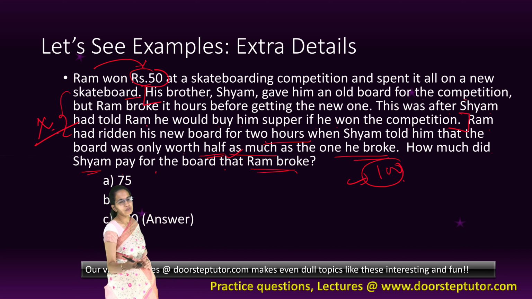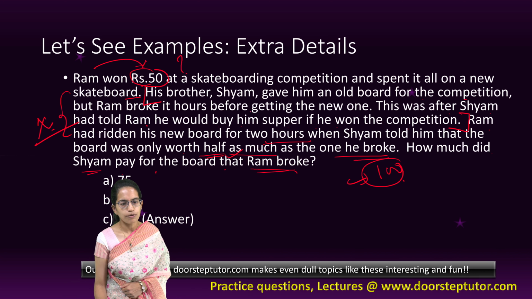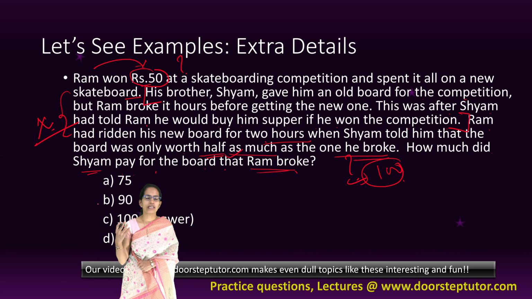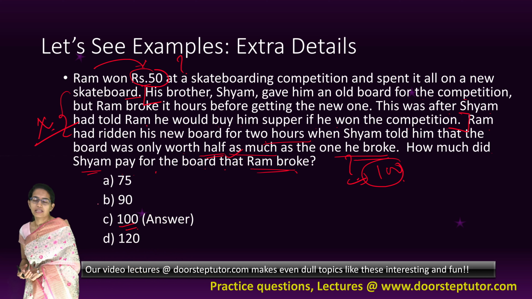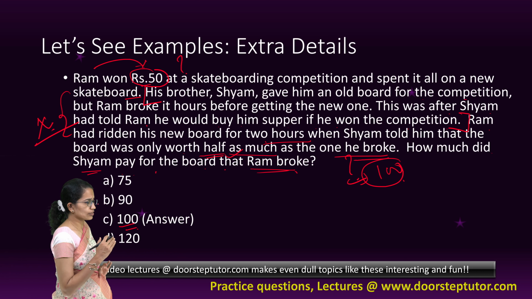So the only things I took into consideration were the rate at which Ram bought, the worth of Sham's board with respect to Ram's, and how much Sham had to pay. Those are the three things that I actually extracted from it. The rest of the details given are extra information which are actually not required.